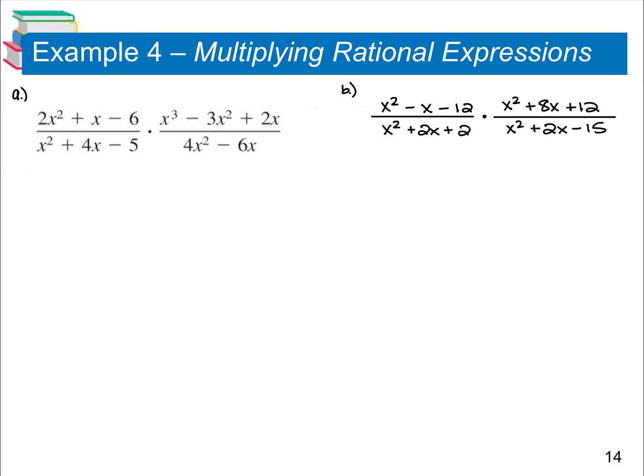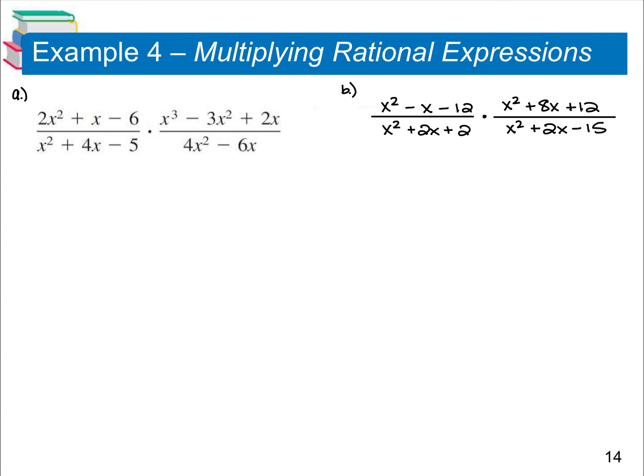All right. So for this example for A, you are multiplying the two fractions together that have expressions in both your numerator and denominator that you're going to have to factor. For example A, you're given 2x squared plus x minus 6 over x squared plus 4x minus 5 times x cubed minus 3x squared plus 2x over 4x squared minus 6x.